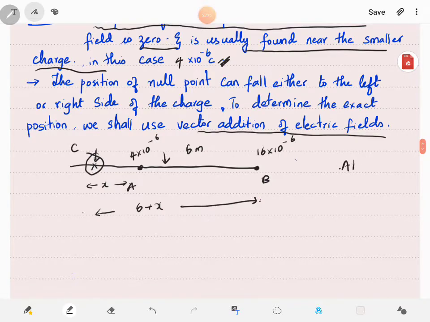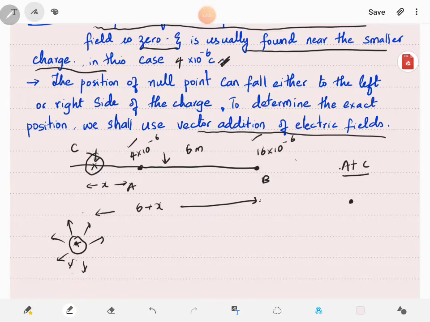At C, we know that at A and B we have two positive charges. The direction of electric field due to a positive charge, already remarked in the previous lecture, is going to be radially outwards.